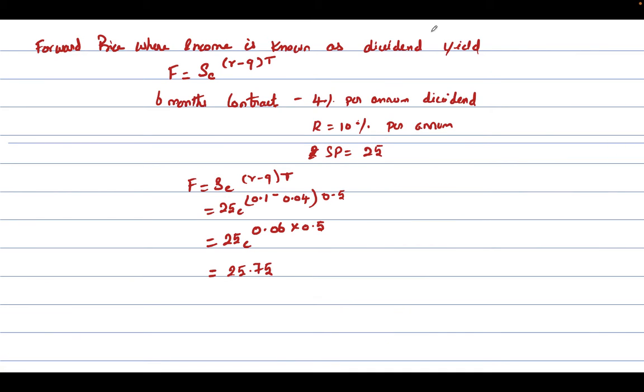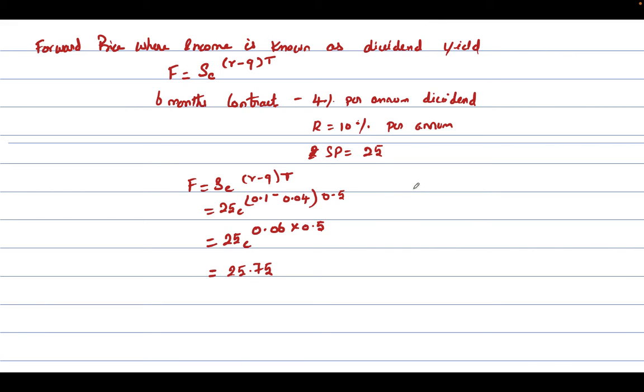If dividend yield rate is given, we'll be using the formula F equal to S exponent to the power R minus Q into T. Q stands for the known rate of dividend.